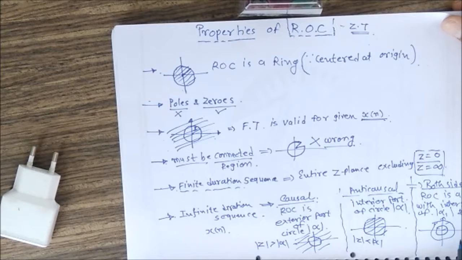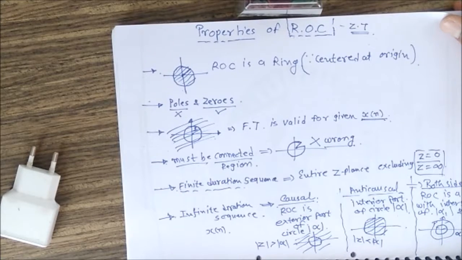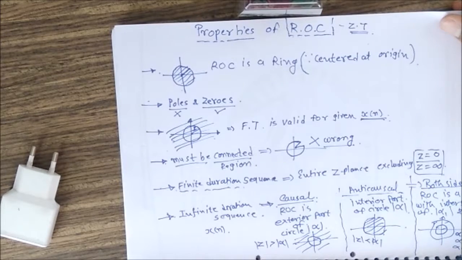The intersection point depends on three conditions: alpha 1 less than alpha 2, alpha 1 greater than alpha 2, and alpha 1 equal to alpha 2. For example, if alpha 1 is less than alpha 2, then this is the intersection point of this ROC. If alpha 1 is equal to alpha 2, then both radii are equal, so the ROC is the periphery of this circle with alpha 1 equal to alpha 2 radius.